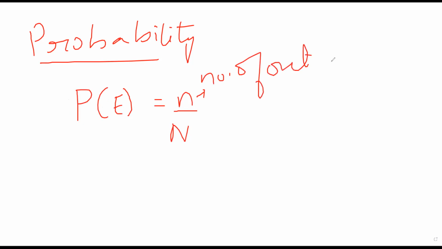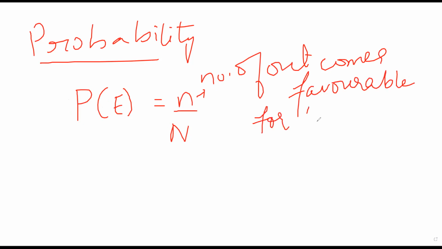The probability of the particular event that you want, whatever favorable event you are looking for, is given by small n divided by capital N. Small n represents the number of outcomes favorable for event E, and capital N represents the total number of outcomes.